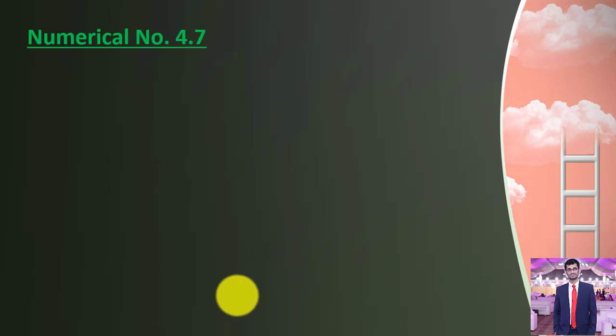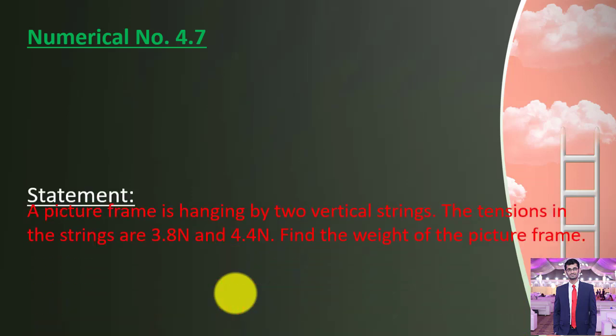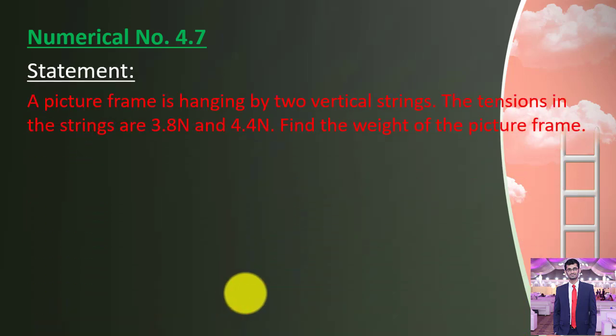Now, numerical number 4.7. Coming on to the statement, a picture frame is hanging by two vertical strings. The tensions in the strings are 3.8 Newton and 4.4 Newton. Find the weight of the picture frame.